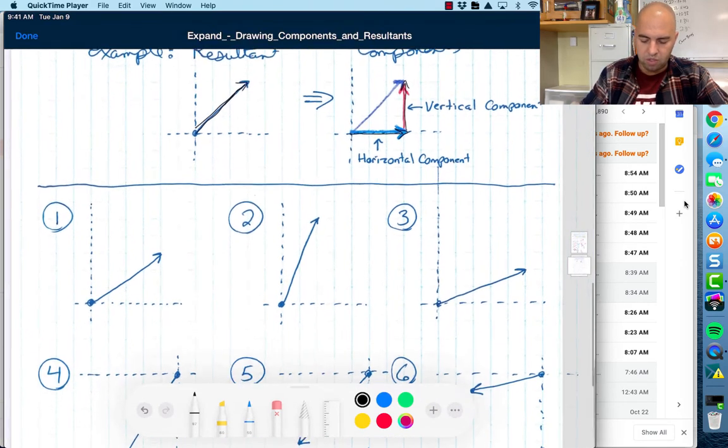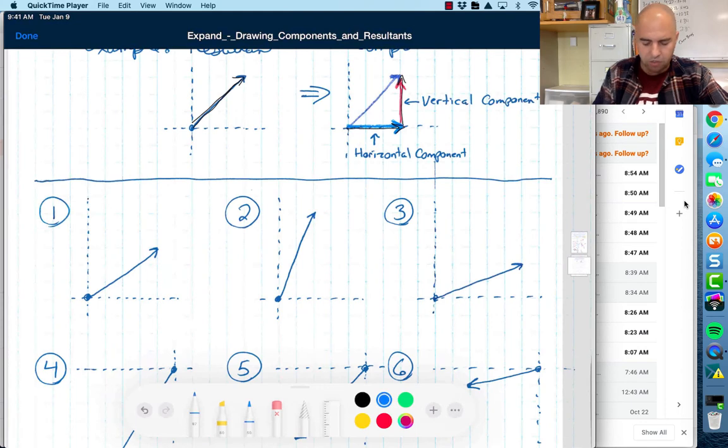So when we do this one, this is our resultant. So what are the x components and the y components, or the horizontal and vertical components that make that up? Well, if I want to go from here up to here, I need to go 4 units over to the right and 3 units up. Okay.